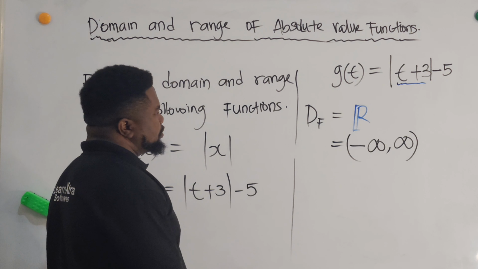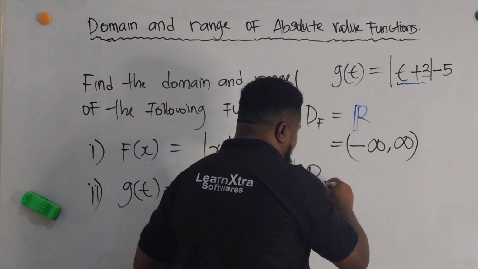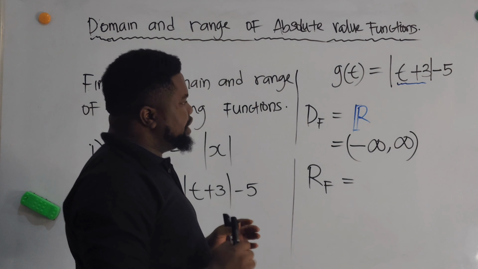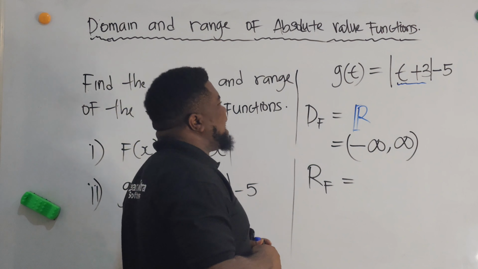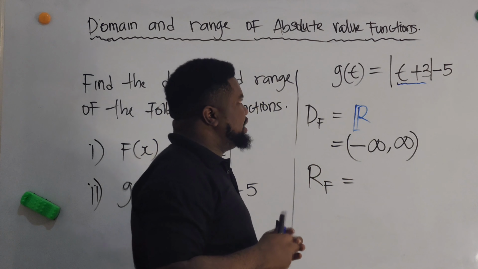Now, the range. The range of this function, R sub f, is equal to, now the range, pay attention. We know that the absolute value does not permit a negative number.